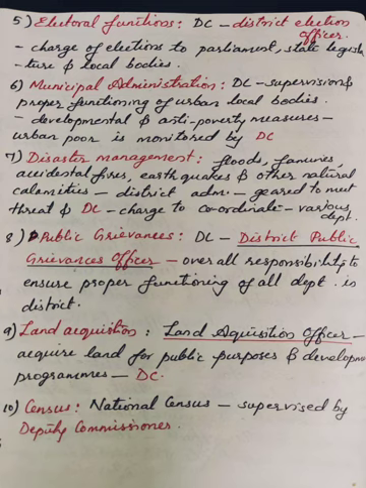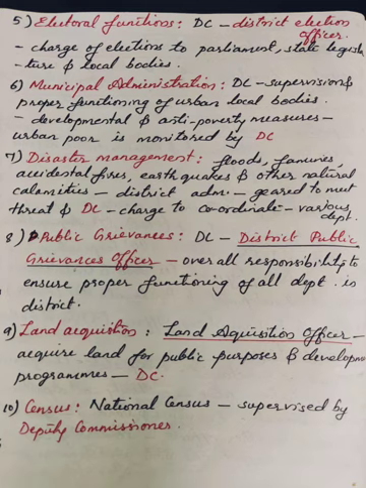If a person suffers such unfair treatment, he can directly go to the DC, the deputy commissioner. He also acts as a district public grievances officer, by virtue of which the DC maintains overall responsibility to ensure proper functioning of all departments in the district.